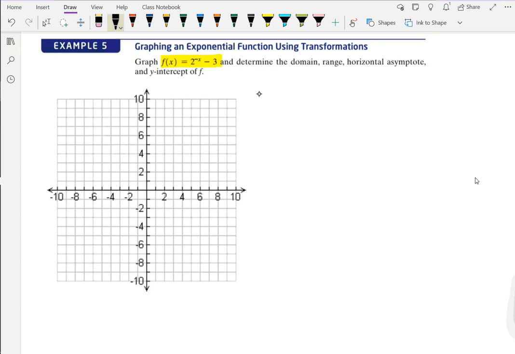Our parent function would be f of x is 2 to the x. Okay, so that's our parent function. Let's take a look at our transformations and see what's taking place. So the negative in front of the x, what's that going to do? That's going to flip it over the y-axis.